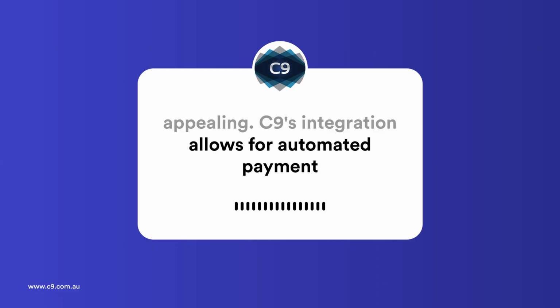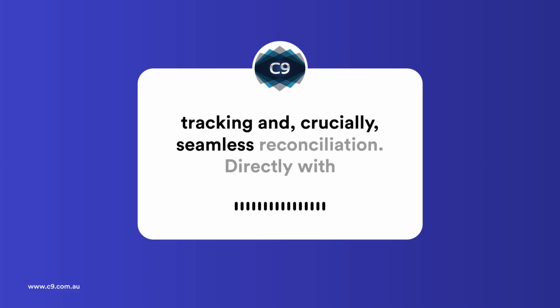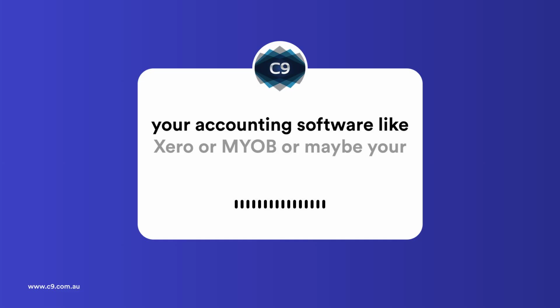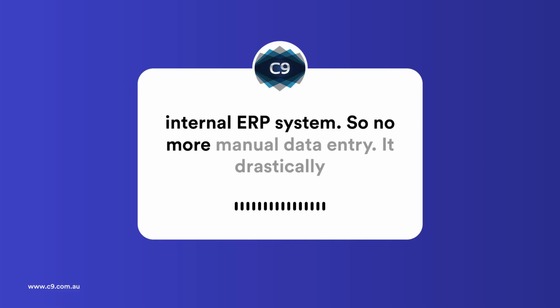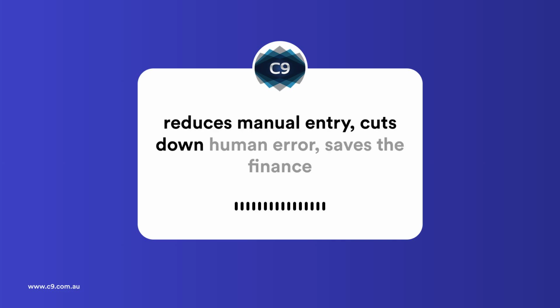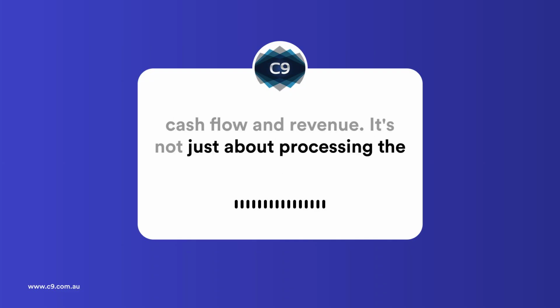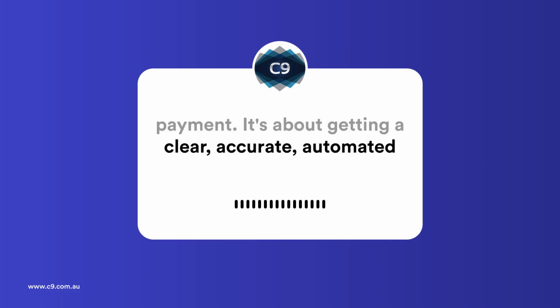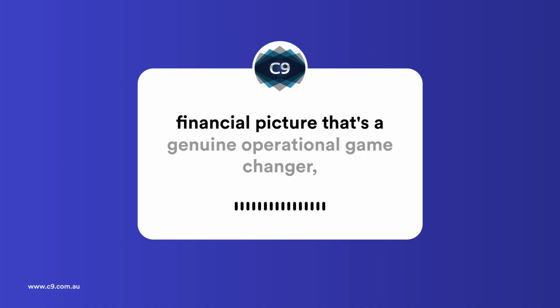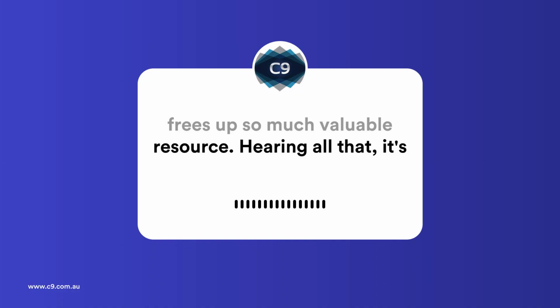C9's integration allows for automated payment tracking and, crucially, seamless reconciliation directly with your accounting software like Xero or MYOB or maybe your internal ERP system. So no more manual data entry. It drastically reduces manual entry, cuts down human error, saves the finance team countless hours, and gives you real-time visibility into cash flow and revenue. It's not just about processing the payment, it's about getting a clear, accurate, automated financial picture. That's a genuine operational game changer, frees up so much valuable resource.